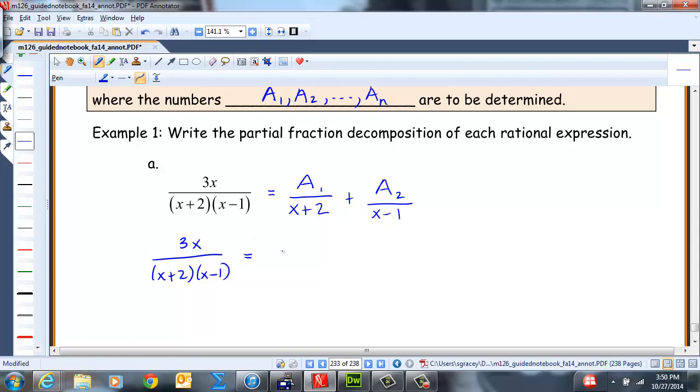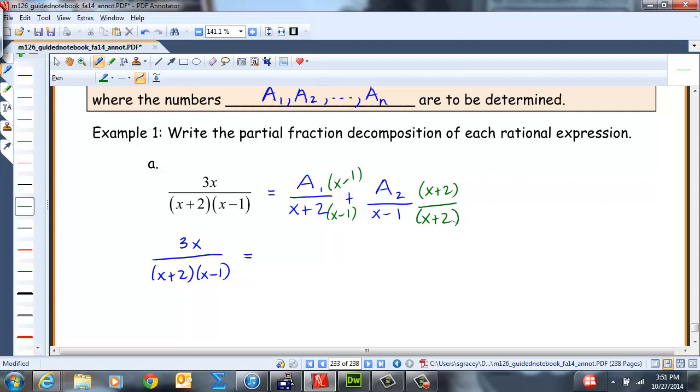So basically we need to get common denominators. To get common denominators, the first one will be multiplied by x minus 1 over x minus 1, and this one will be x plus 2 over x plus 2.